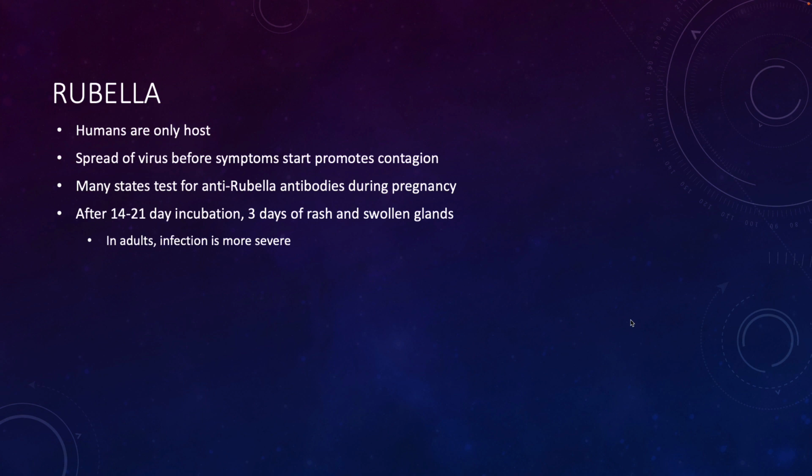If you or a loved one decides to become pregnant, one of the things that you may be tested for is the presence of antibodies against rubella. Most patients should have antibodies against rubella because most patients should have been vaccinated against it.